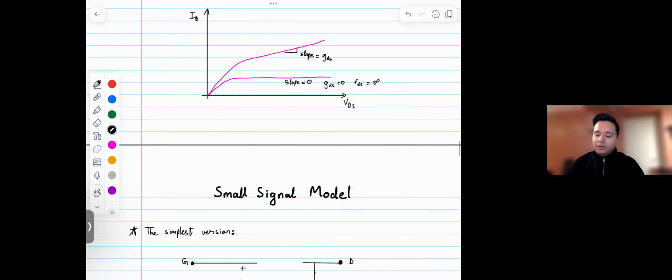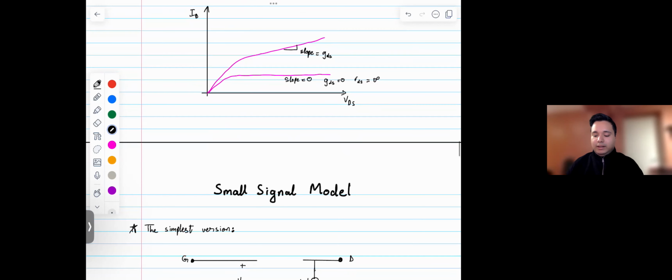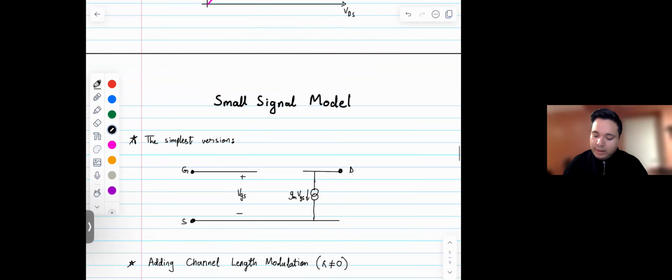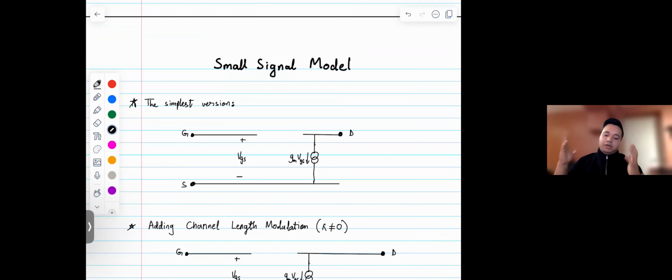Of course, it's ideal and not necessarily realistic. But you can approach this kind of scenario if you make the length of your transistor longer, so the lambda effect is much smaller, your slope is 0 or close to 0, your GDS is close to 0, and you have a very high RDS. All right, so now we have talked about GM and GDS, which are two small signal parameters.